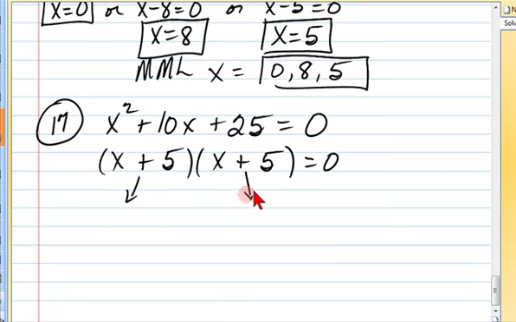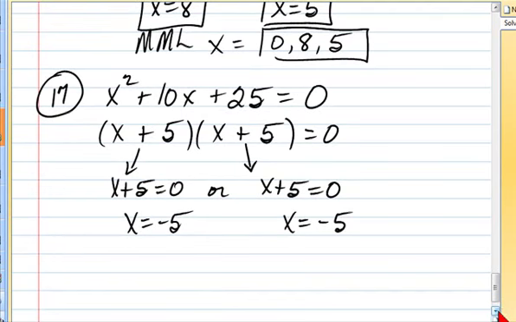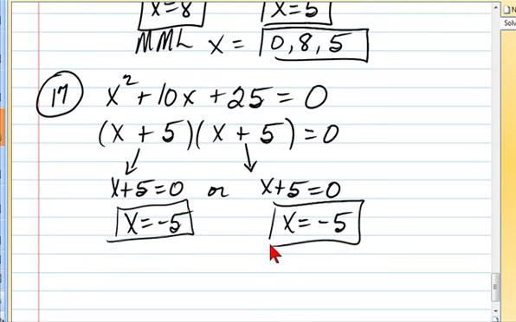Zero factor property says x plus 5 equals 0, or x plus 5 equals 0. It's a little redundant. X is negative 5. X is negative 5. Now, if you're taking a test for me and you had one like this, it would be fine for you to box them both in. It was quadratic.